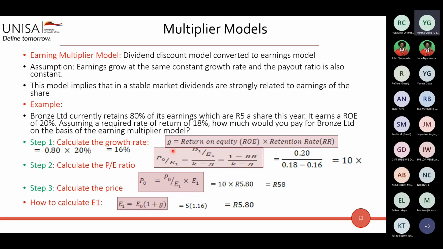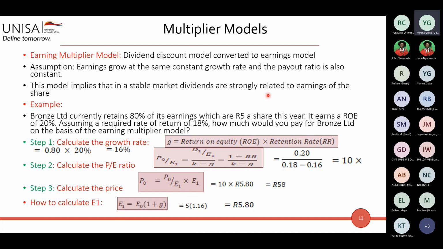How do they do that? They make the assumption that earnings grow at the same constant growth rate as the payout ratio is also constant. So the payout ratio is directly linked to your dividends, because whatever you pay out is your dividends.